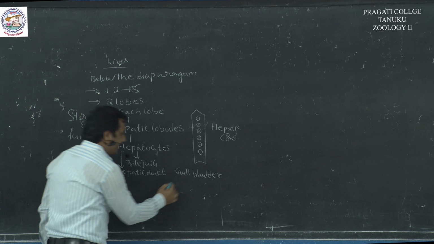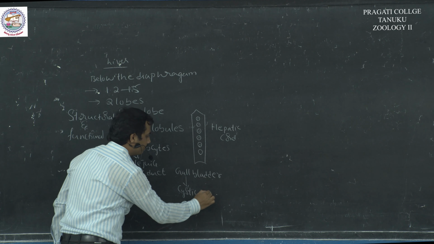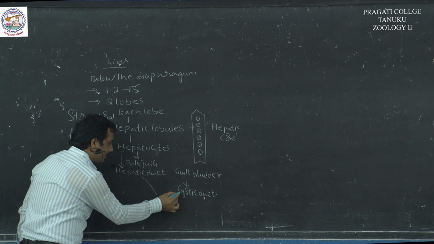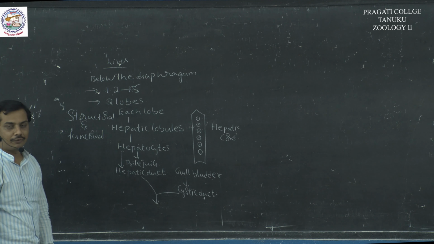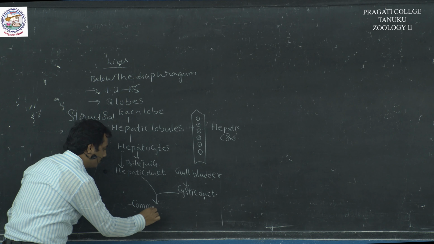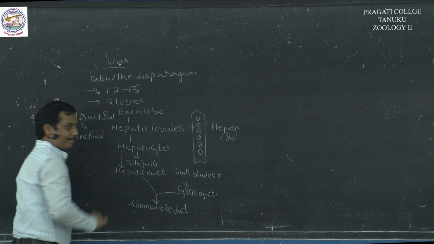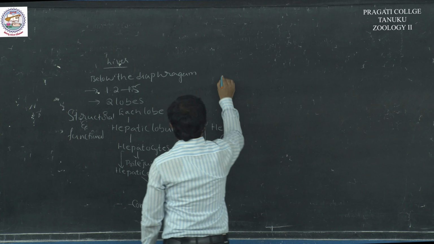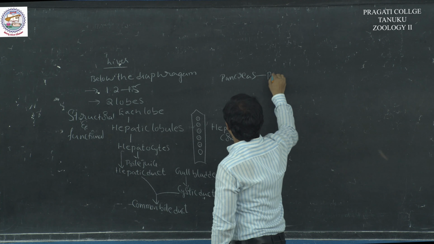From the gallbladder, a duct arises called the cystic duct. This hepatic duct and cystic duct both unite and form the common bile duct. From the pancreas, a duct arises called the pancreatic duct.